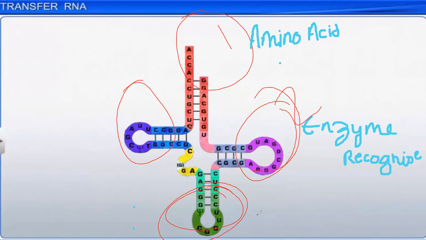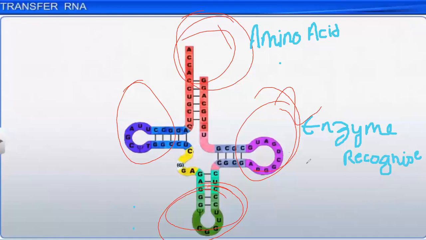With the help of this enzyme recognition site and the enzyme from the cytoplasm, it will take one amino group here at site 1. It will attach one amino group, and now it is an activated or charged tRNA with the enzyme attached and carrying the amino group.